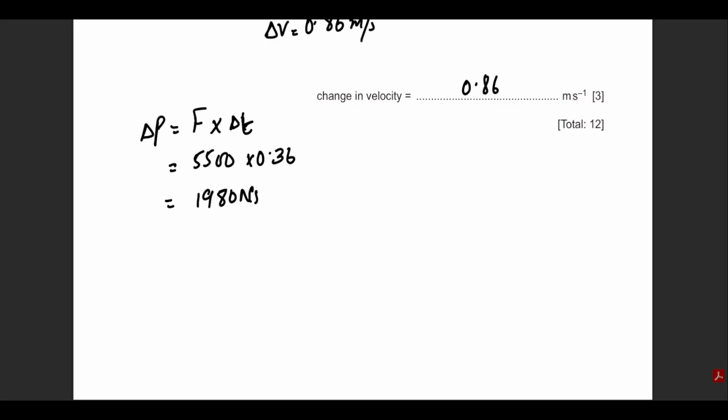If you consider this as equal to mass times change in velocity, your delta V for the carrier is again going to come out as 0.87 meters per second. This was also acceptable. And the mass here for the carrier would be 2500 minus 230.